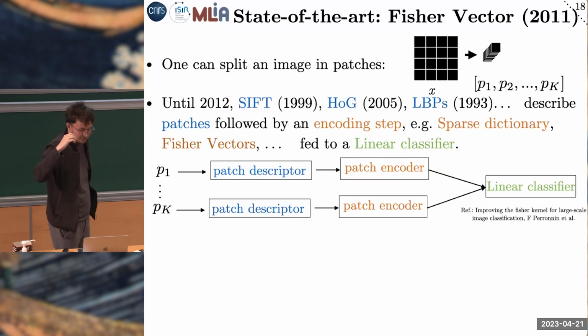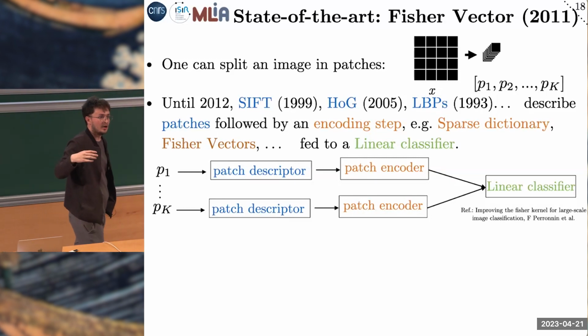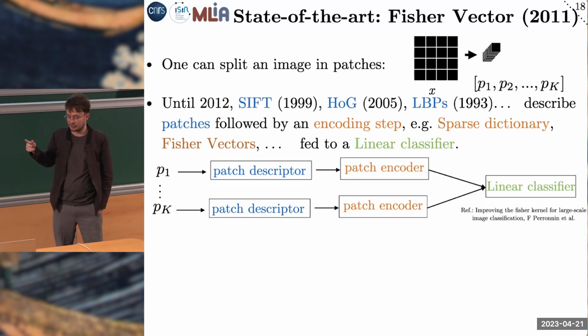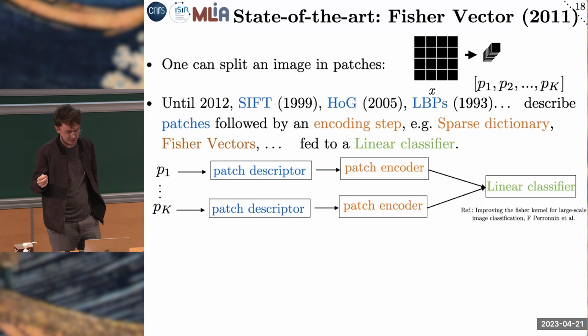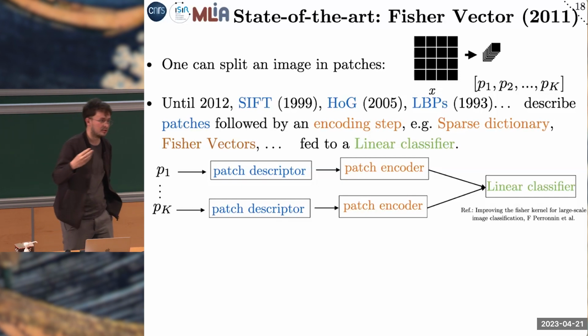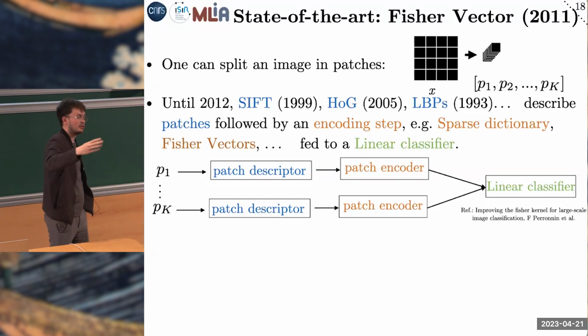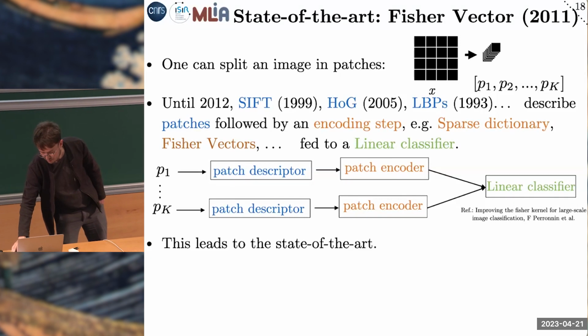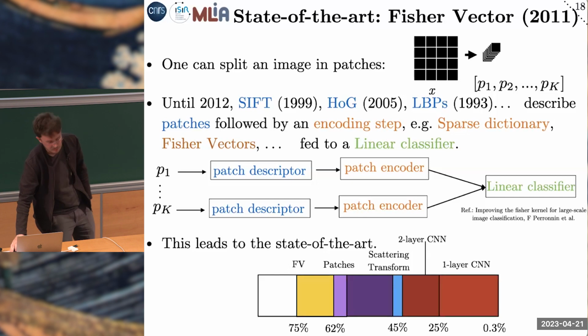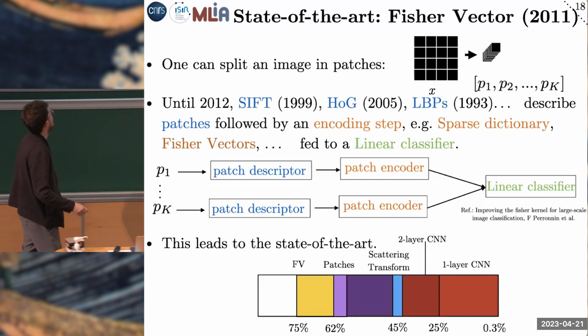And then you feed those patch descriptors to, say, Fisher vectors or some sparse dictionary encoders. From that, you feed the final representation after an average pooling to a linear classifier. And that gets you the state of the art, which is about 75, if I'm correct.